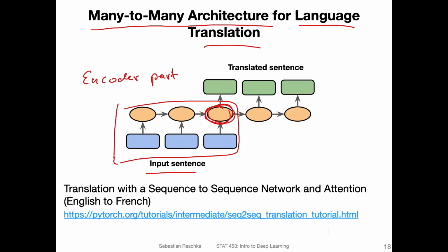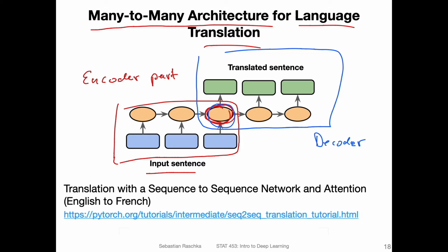And then we have the decoder part of the RNN, which takes in this hidden state and then produces the translated sentence.